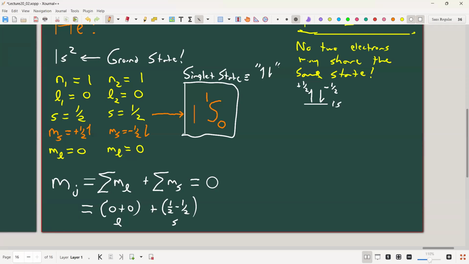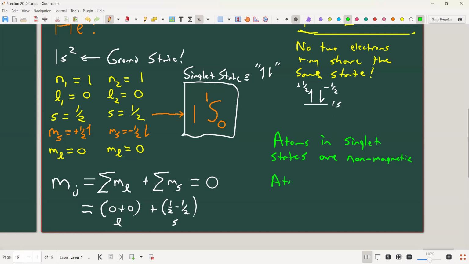All right, so interestingly, something that we can learn from this: systems, atoms and singlet states are non-magnetic.